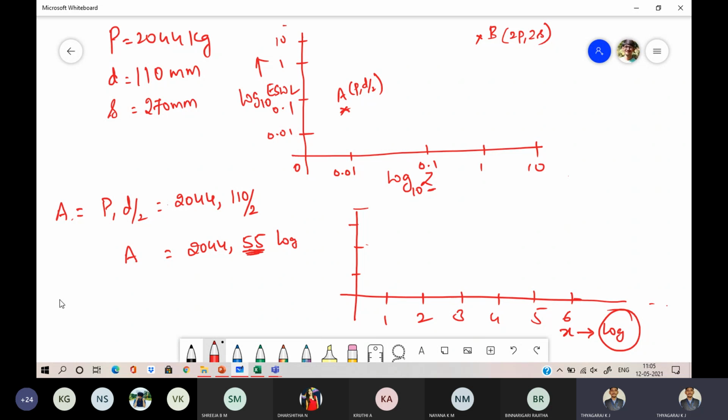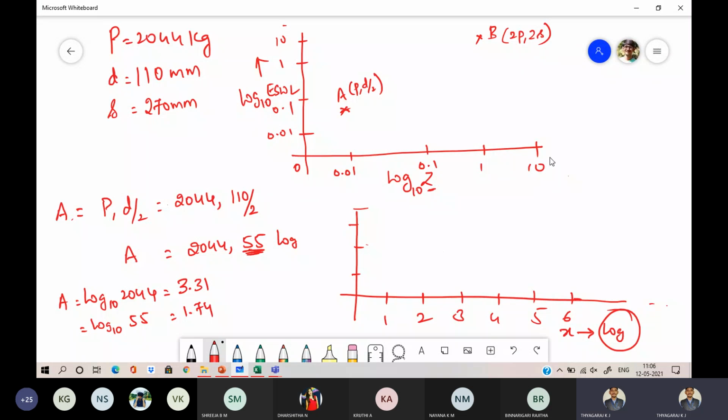So A is equal to log 10 of 2044, then log 10 of 55. Calculate the value. 3.31. Then log 55 is 1.74.